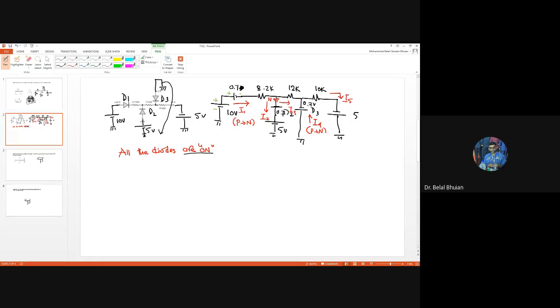Since current is flowing from left hand side to right hand side, the voltage drop, and we assume I3 is flowing from left hand side to right hand side this way, plus, minus, and again minus, plus, and I5 is also flowing from left hand side to right hand side.